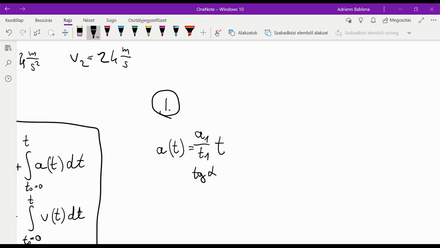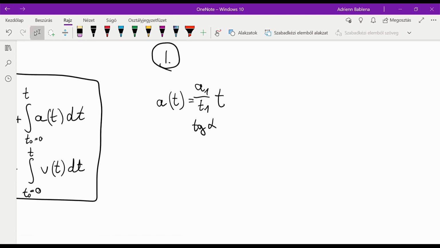If it gives a perfect value, then of course. So the method doesn't really matter. I like this tangent alpha method, but use what is comfortable for you. So our function in the first section is A1 over T1 times t.